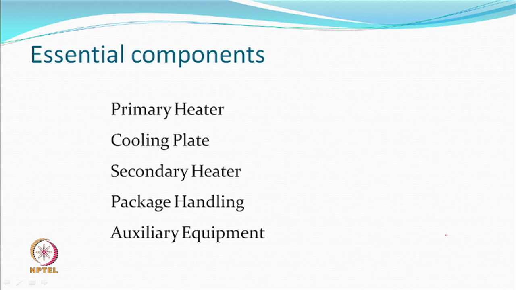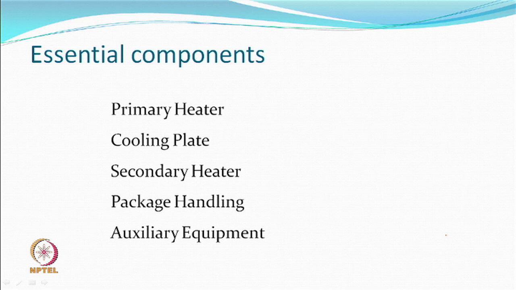We had talked about the secondary heater requirement whenever you are looking at a modified stretch yarn type of thing. Then package handling means that you are looking at big packages now, because if you come with a large package from there, why do you want to stop? If you can keep on running and the yarn does not break and you are able to control it, let the package be as big as possible, so that barre and other problems will also be less, because the same condition approximately you have been able to handle.